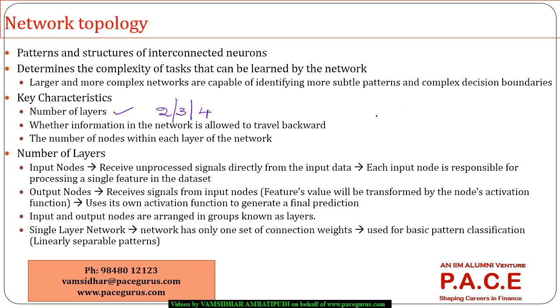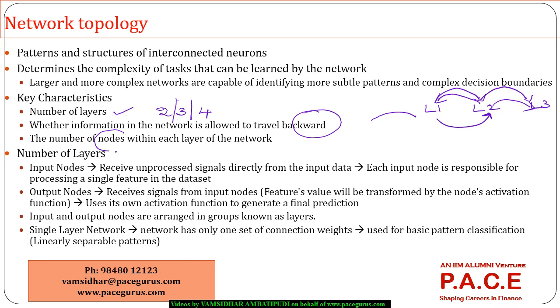Then, among layer 1, layer 2, layer 3, does the information flow only in the forward direction, or do we also have a loop kind of thing in the flow of information? Is it possible that the information is traveling backwards in the layers? That's the second thing we are looking at.